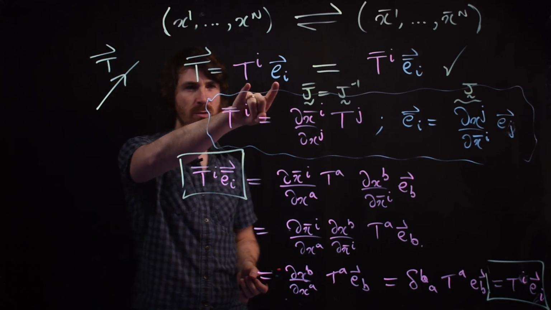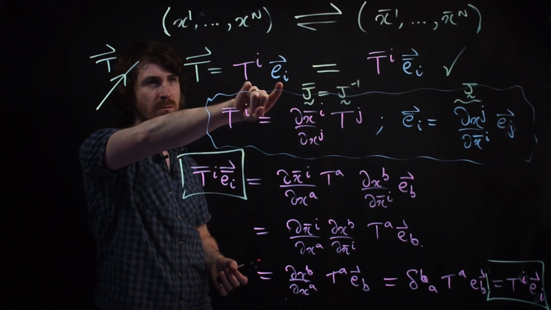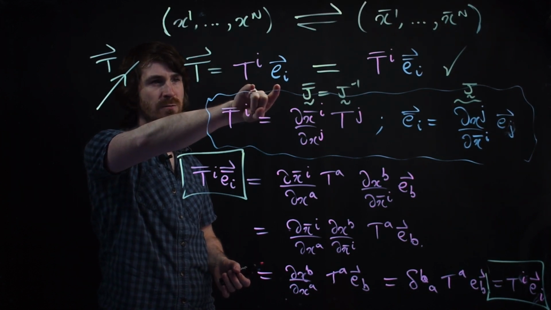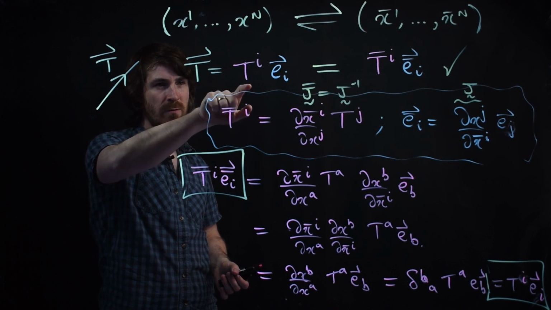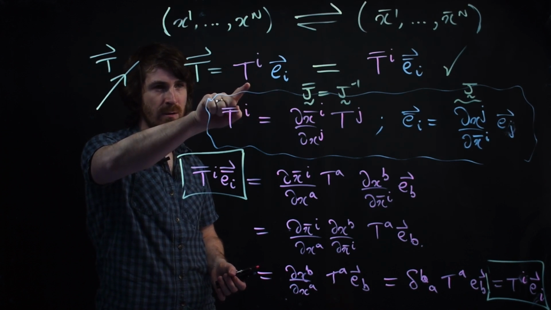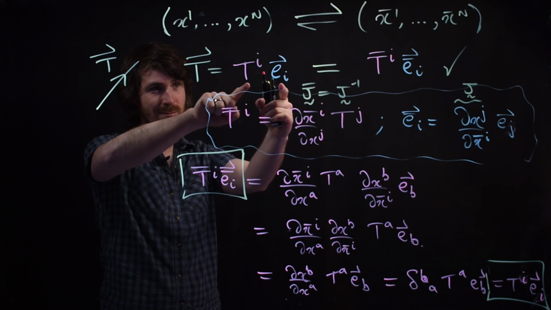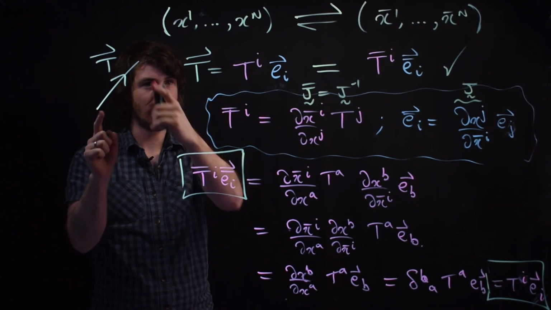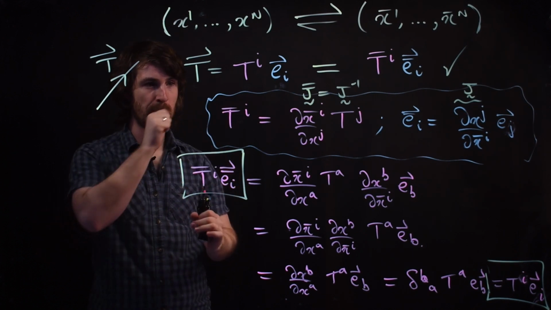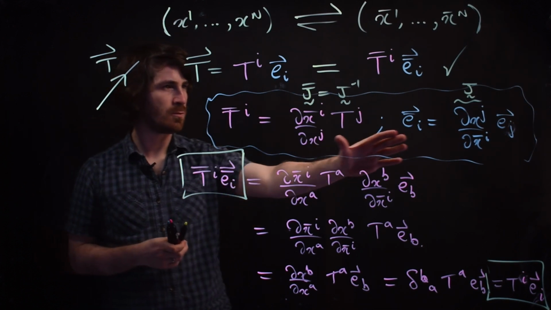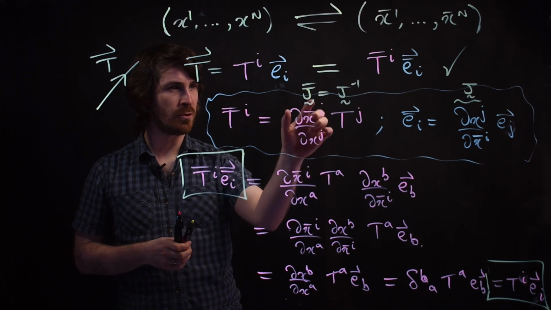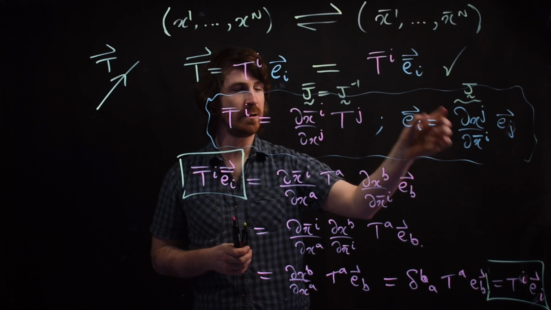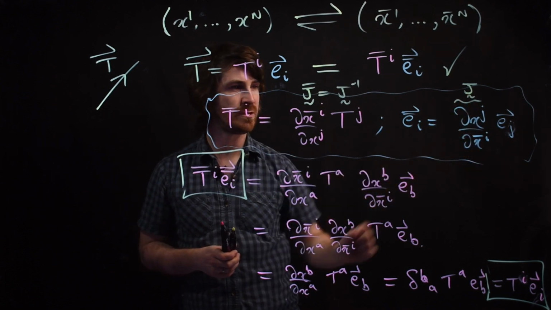So if we express it using the unbarred coordinate system and we transform coordinates, then whatever happens to the components T i, the opposite must happen to the basis vectors e i, so that the overall vector remains unchanged. And this is just what we see. The components transform according to J bar, and the basis vectors transform in the opposite manner using the matrix J.